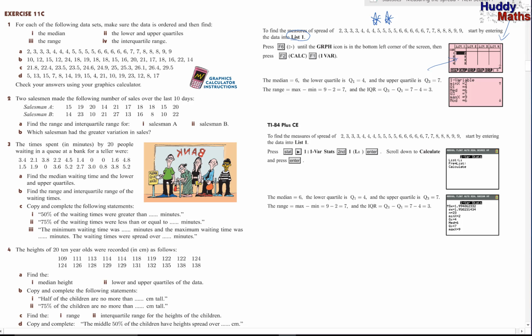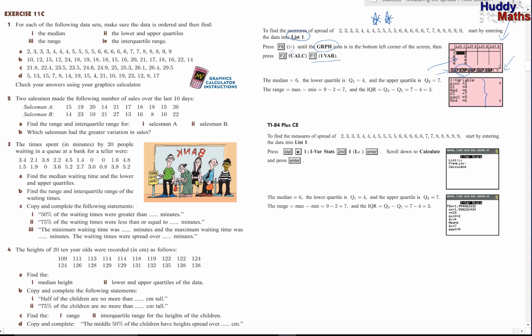And then if you push the arrow at the end of the window there and go to, so that's F6, and go to the window where you have graph at the end here, then you'll be in the right window, and you've got to choose calc, which is F2, and then 1 there. And up will come all the statistics you want.